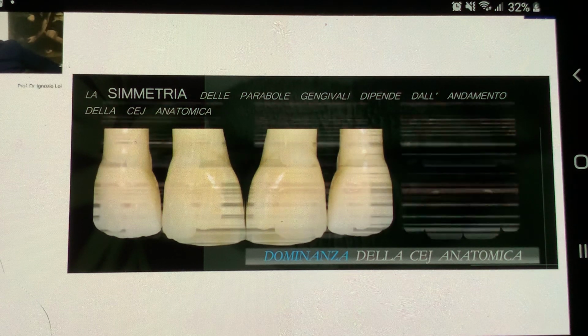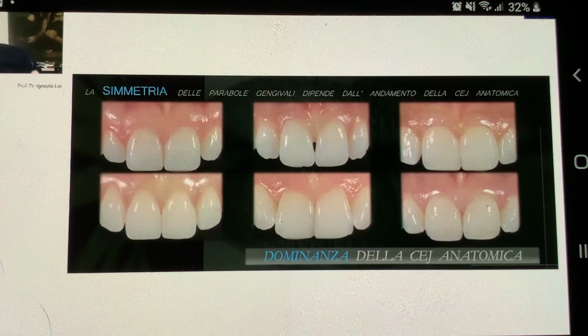The symmetries of gingival parables depend on the shapes, and it is the shapes which give us not only the space, but also the shape and the trend of the parables. So teeth have a capital importance for the underlying shapes, which will then shape the upper lying parts.